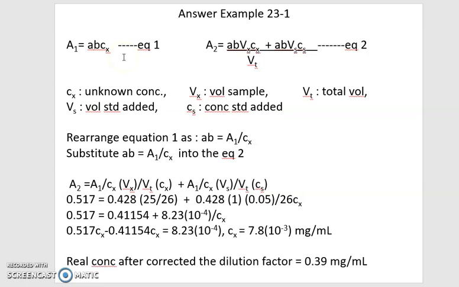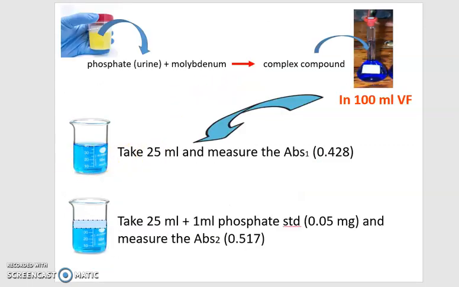Because of that, we want to simplify equation 2 by replacing the AB with this expression. So we substitute into equation 2. Please take note, the volume of sample is 25 ml.